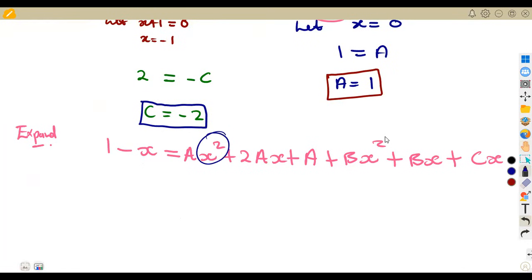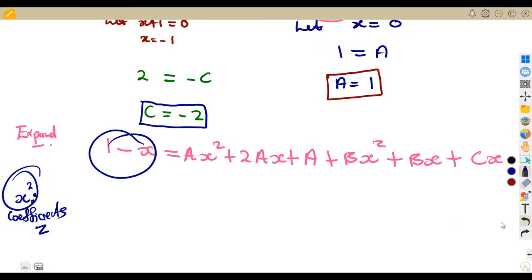There's x squared, there's x squared here, there's a b. So meaning to say I can work with that, it's fine. So let us work with the coefficients of what? X squared. So we are going to equate the coefficients of x squared. So on the left-hand side, we do not have x squared. Meaning to say the term of x squared was multiplied by a 0. It was 0x squared. That's why we do not have x squared. The number that is affecting x squared, if it is not there, it means it's a 0.